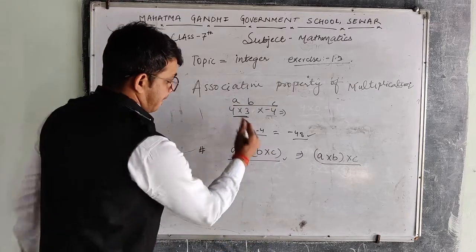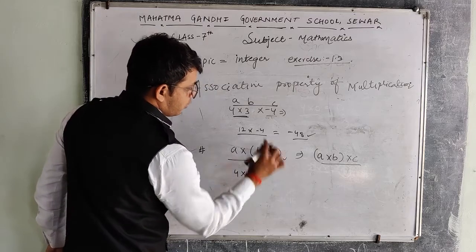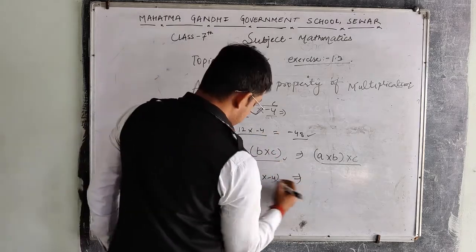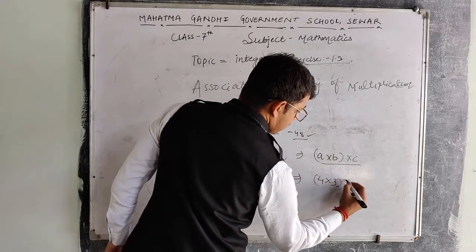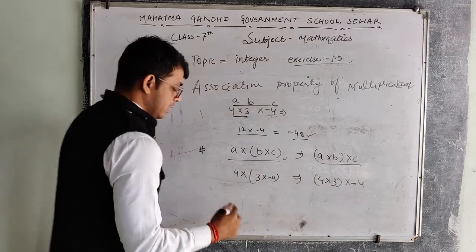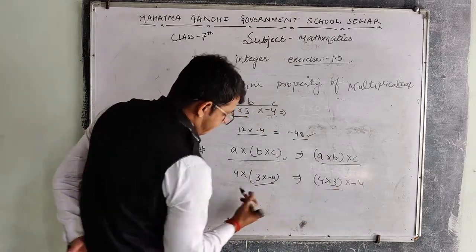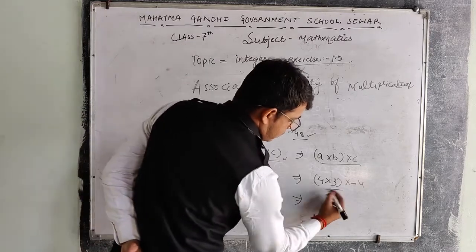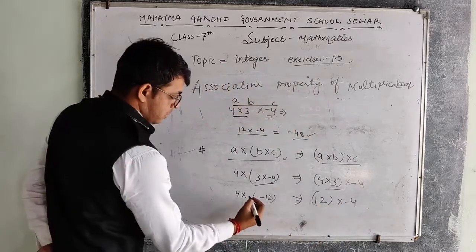Like see, if I place A at 4 into 3 into minus 4, same is there. What will be the result? Now multiply. First we will solve the bracket. Minus 12 into minus 4.